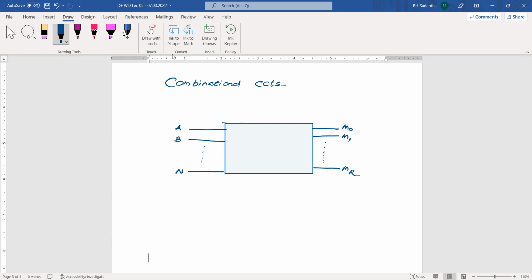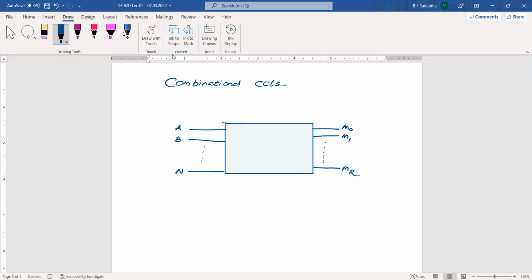But when this circuit gives particular output patterns, they are totally based on the present input values. That is a combinational circuit. What does it mean?